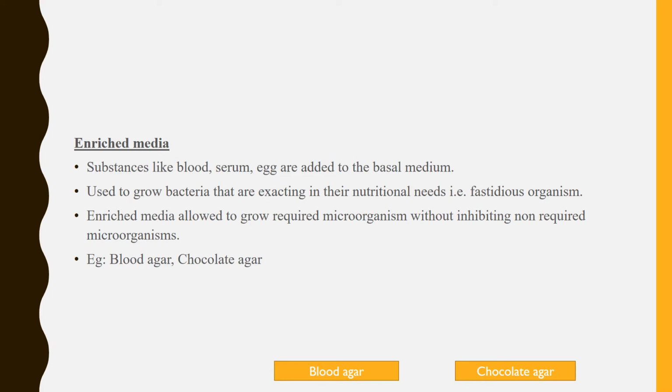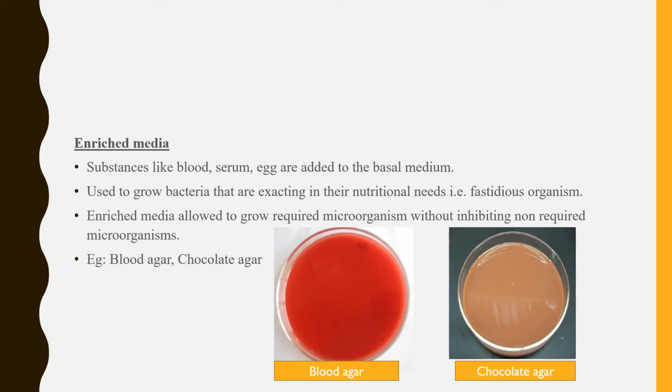So how do we prepare enriched media? What we do, we add blood, serum or egg into the basal medium to make it an enriched media. Examples of enriched media are blood agar and chocolate agar. This is the picture of blood agar, and this is the picture of chocolate agar, and both the media are prepared from the blood agar.